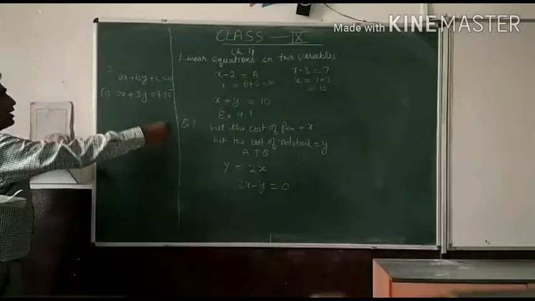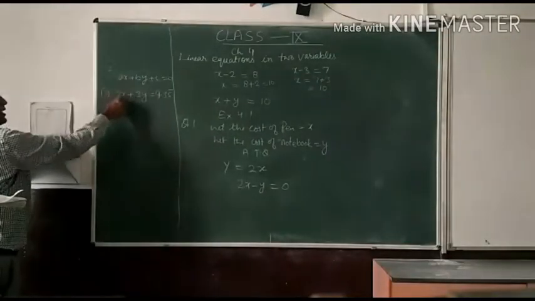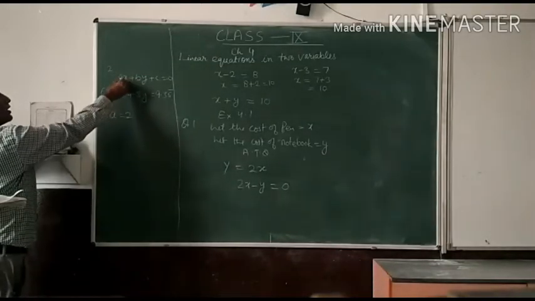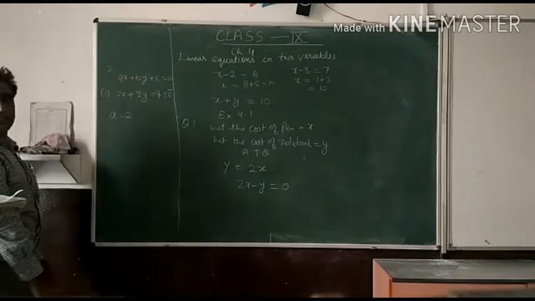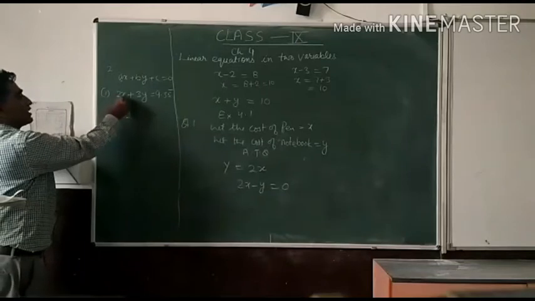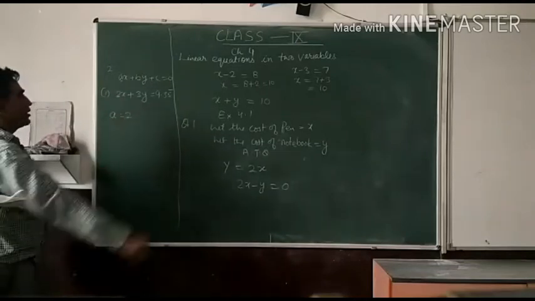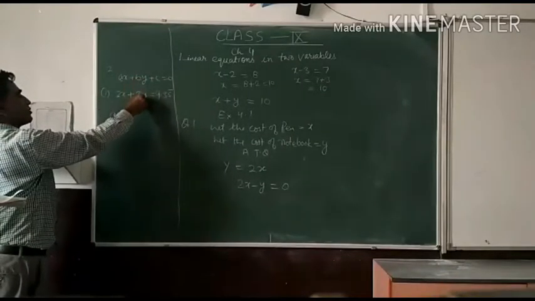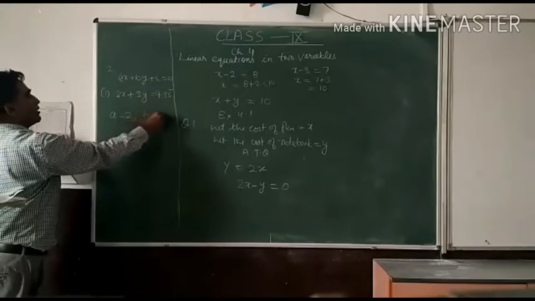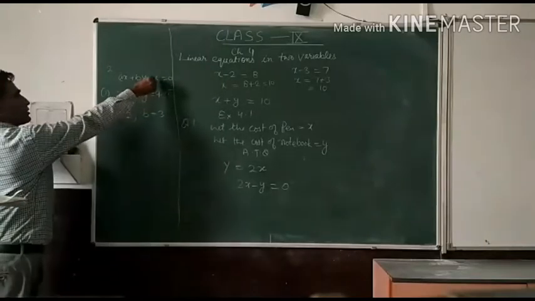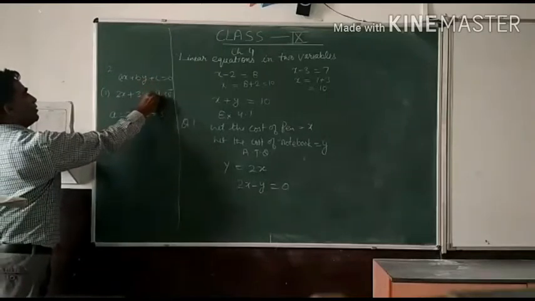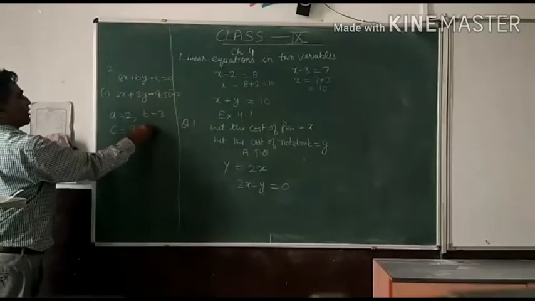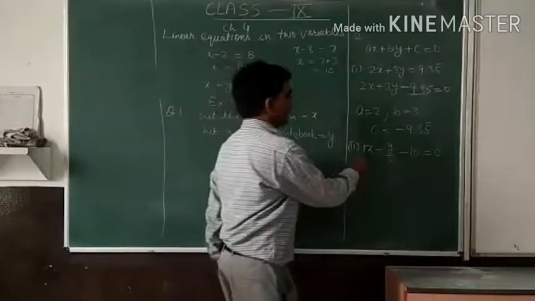The coefficient of x is a, and here it is 2, so a is 2. The coefficient of y is b, and here it is 3, so b is 3, and c is equal to 9.35.